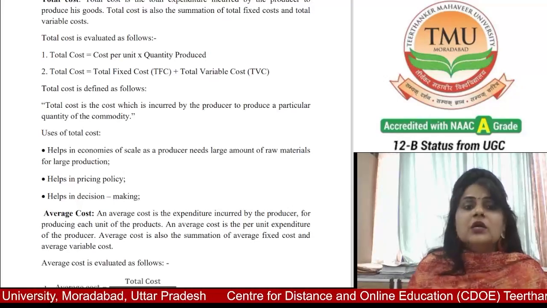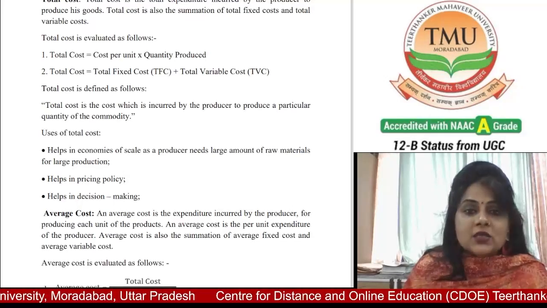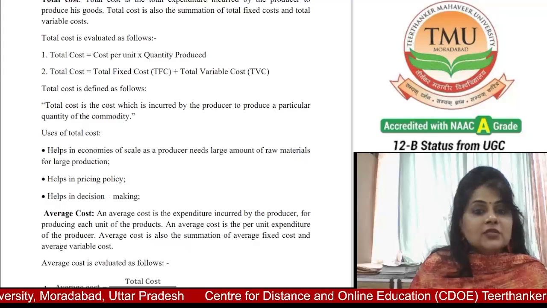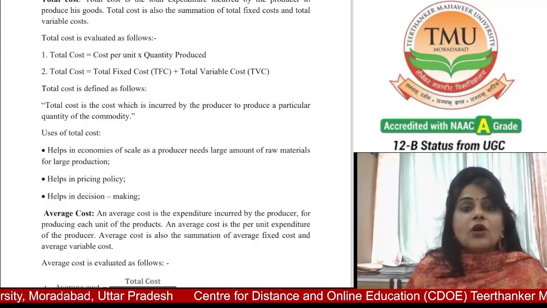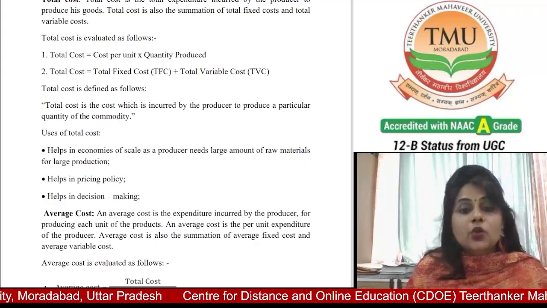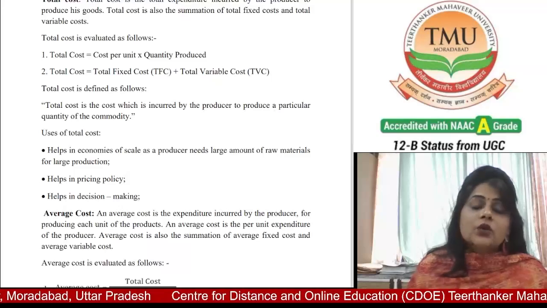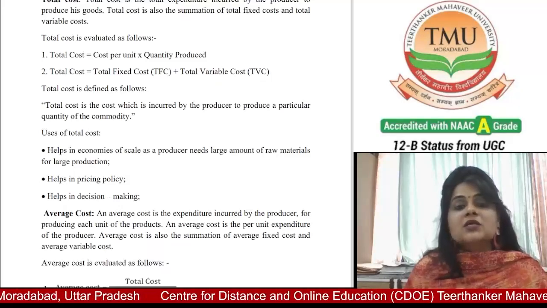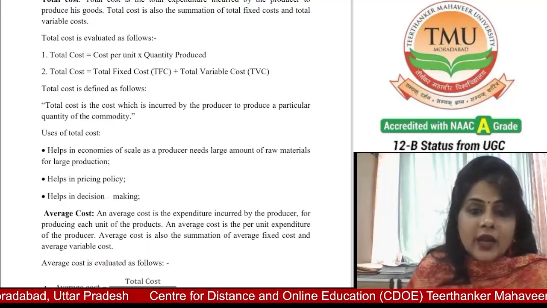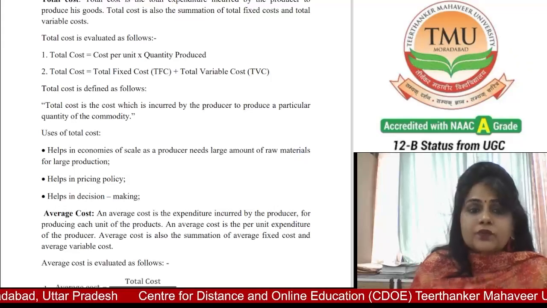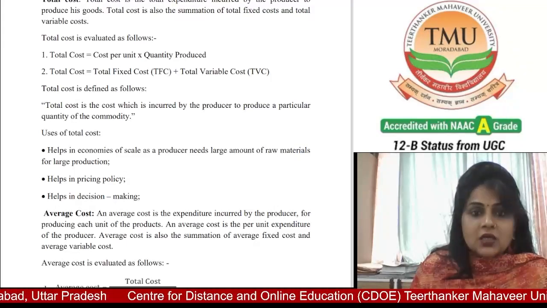Total fixed cost includes salaries of employees, wages, rent of buildings or equipment, interest on capital, and interest on loan, etc. Total variable costs are raw materials, electricity, daily labor, and stationery or office expenditure.